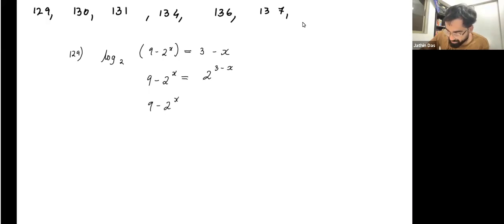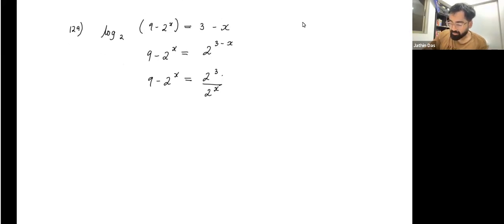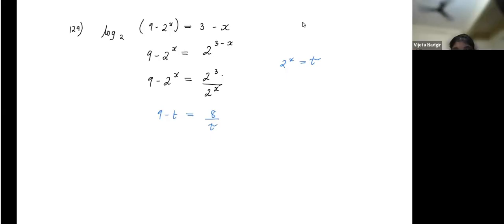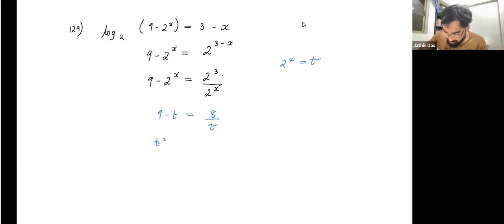9 minus 2 raised to x is equal to 2 into, ऐसे आएगा ना? हाँ. I'll take 2 raised to x as t. So 9 minus t is equal to 8 by t. Quadratic है, solve करना है. Okay. So t square minus 9t is equal to minus 8t.